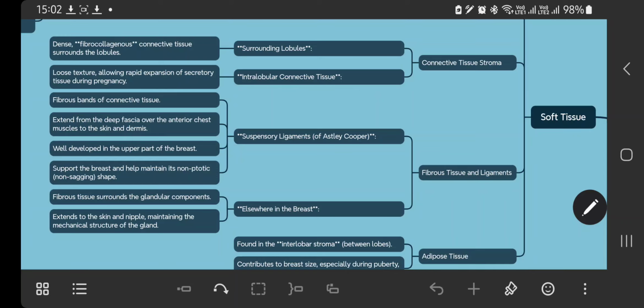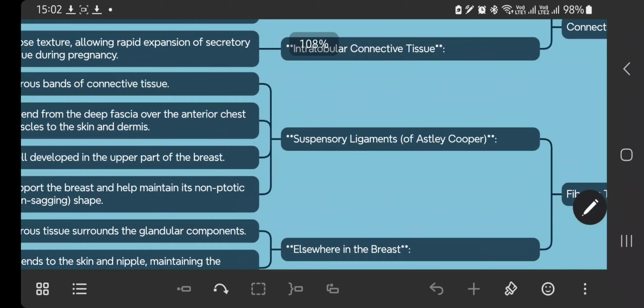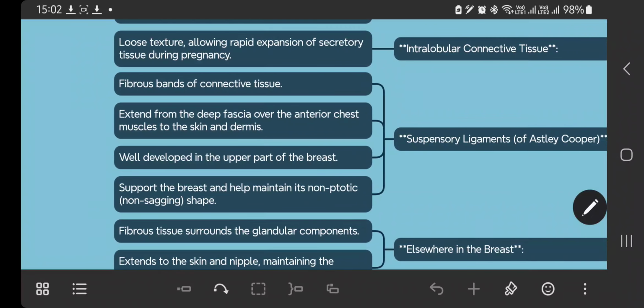Now, the next point regarding the soft tissue: fibrous tissue and ligaments. The main ones are the suspensory ligaments of Astley Cooper, which we call Cooper's ligaments. They are fibrous bands of connective tissue that extend from the deep fascia over the anterior chest muscles to the skin and dermis.